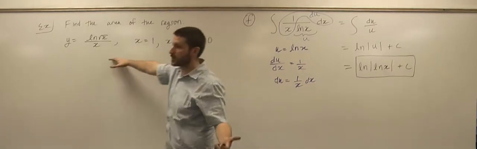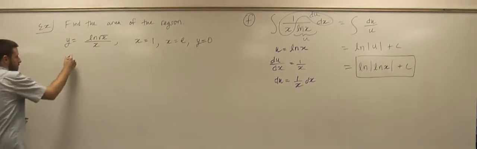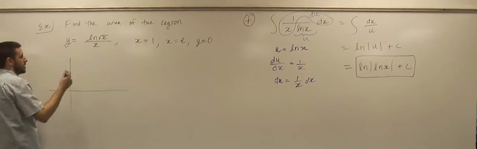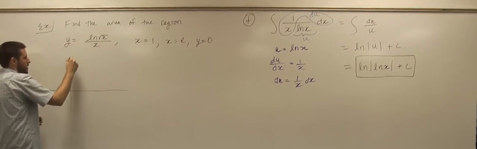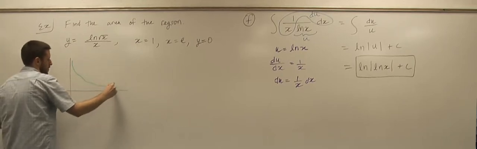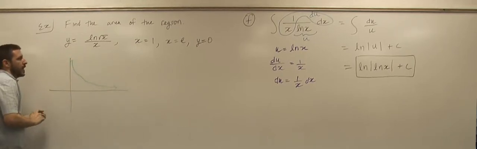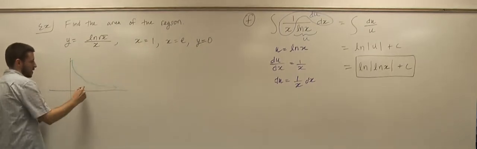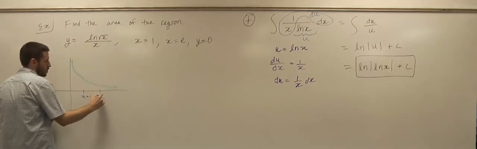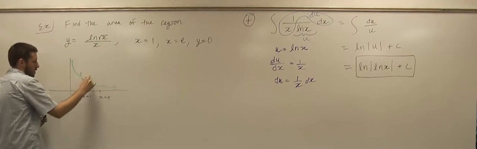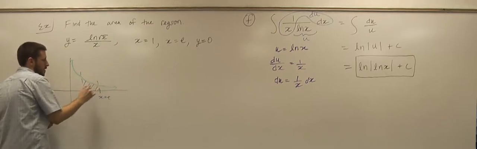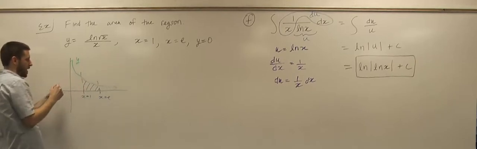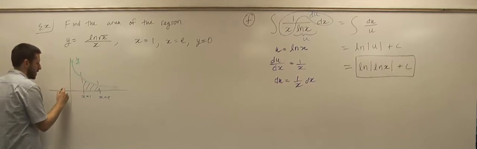Whatever this function is, I don't know what it looks like, but it's some function, ln root x over x. I want to find the area from 1 to e. So here's x equals 1, here's x equals e. I want this area under my function, because I'm also bounded by y equals 0, which is this line here.